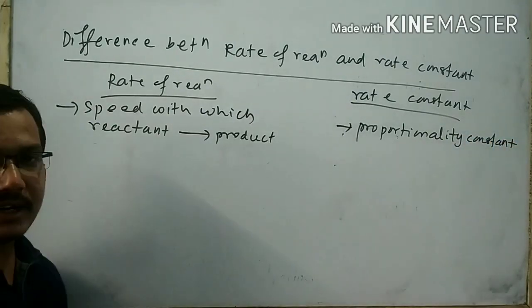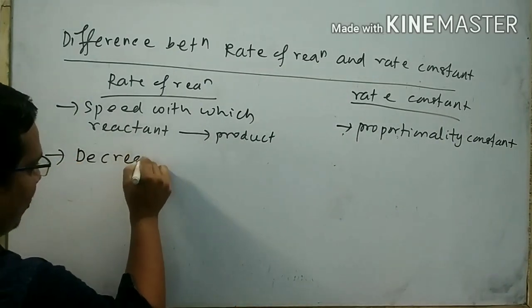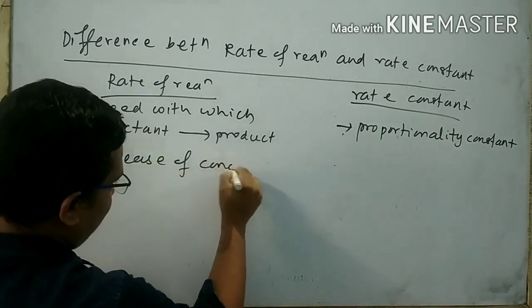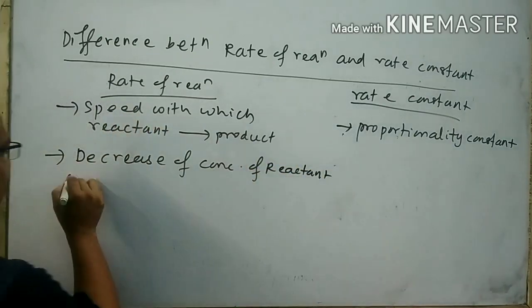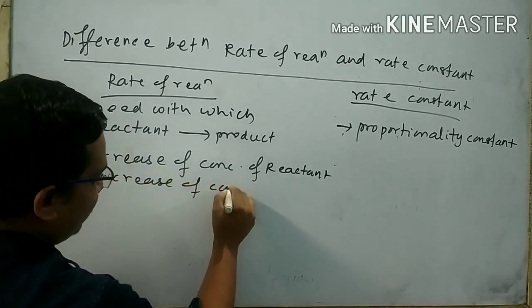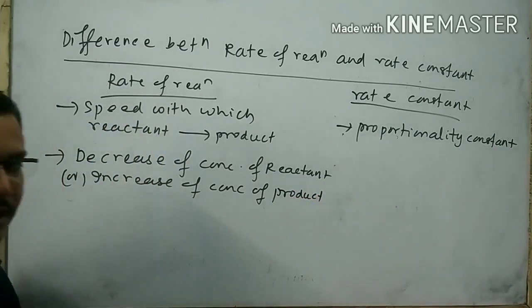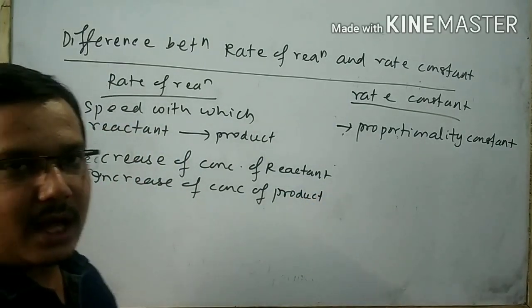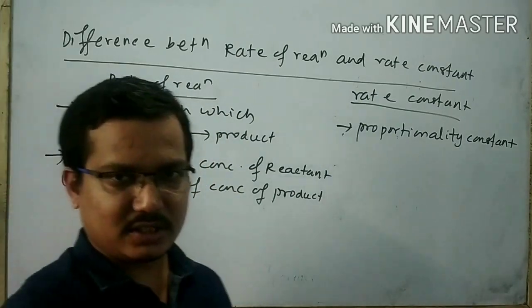By the help of rate of reaction, we can measure the decrease of concentration of reactant or increase of concentration of product. In a reaction, the reactant is consumed and the product is formed.